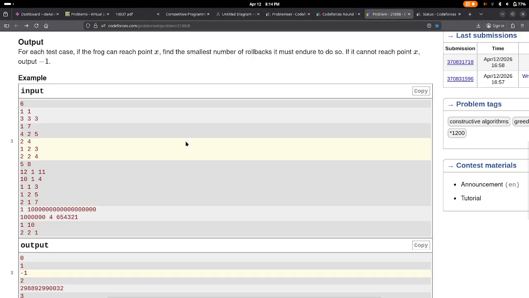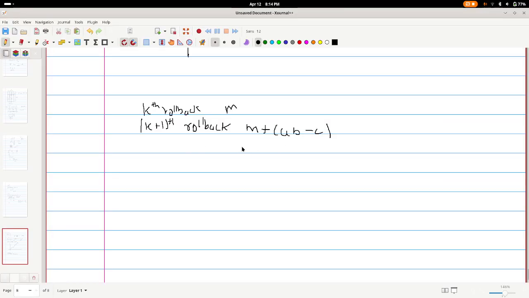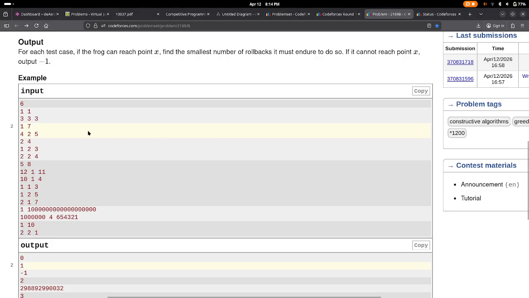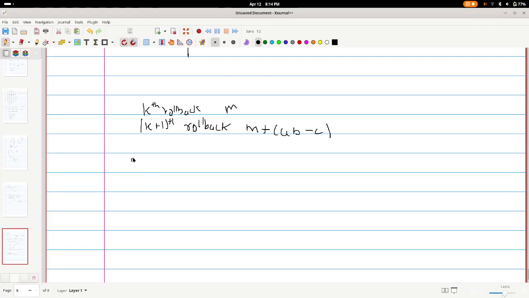I hope that you understood the question. Let's dry run through all of the test cases. So 1 comma 1 and 3 3 3. What's the target? It's 1. And the B is 3.